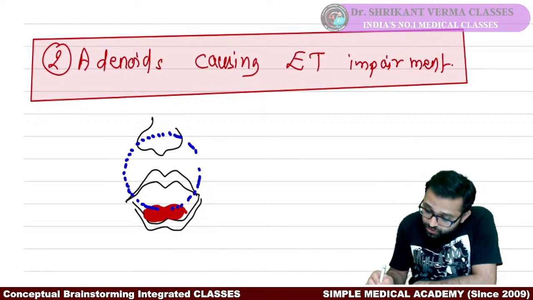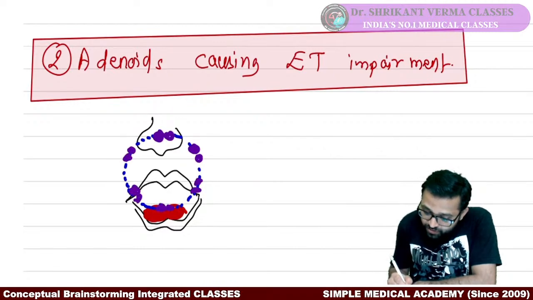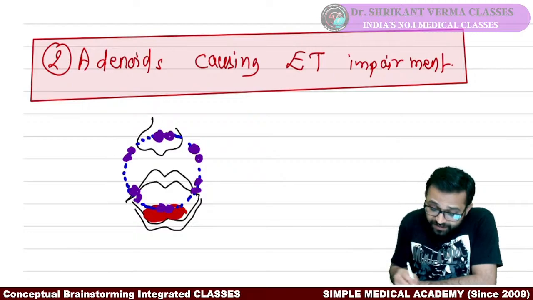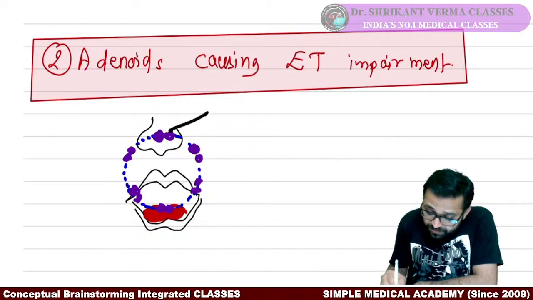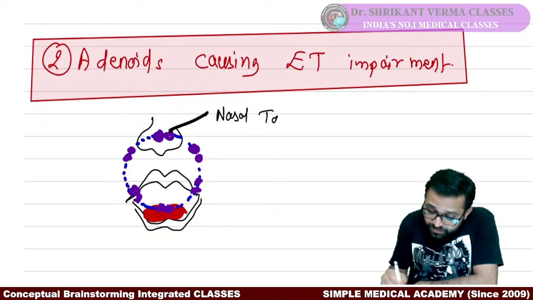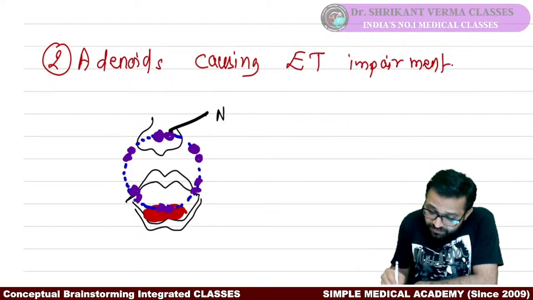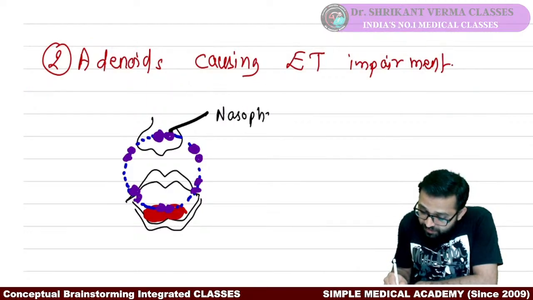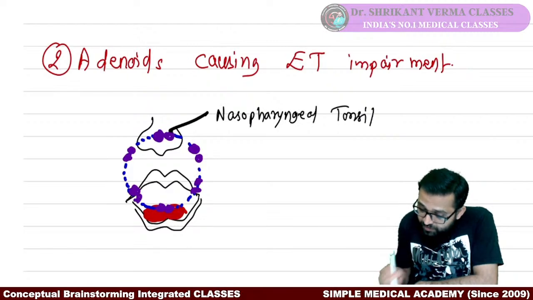So we are showing that aggregation of the lymphoid tissue at the nose region, near the auditory tube, near our palate, and at the tongue. So this was our Waldeyer's ring. Nasal, or better to say nasopharyngeal tonsil.